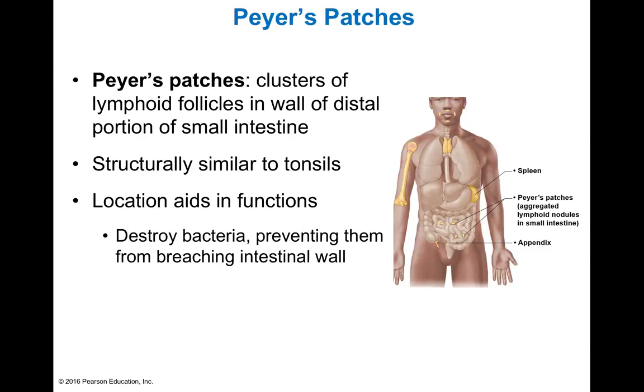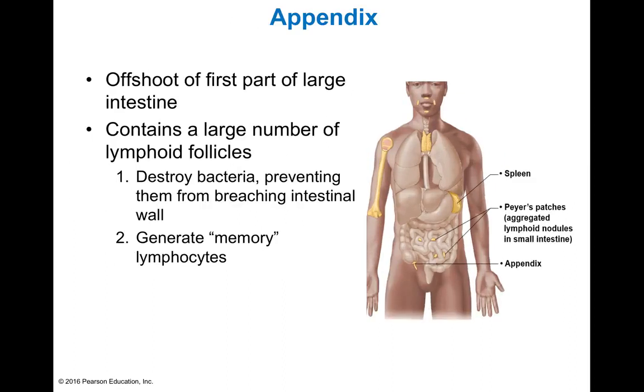Their job is to make sure that the bacteria that are part of the intestines are not breaching those walls and causing infection or sepsis within the abdominal cavity. And again, all they are is basically collections of lymphatic cells.